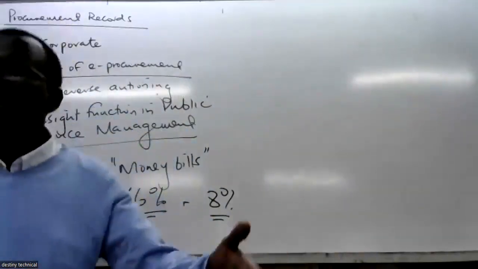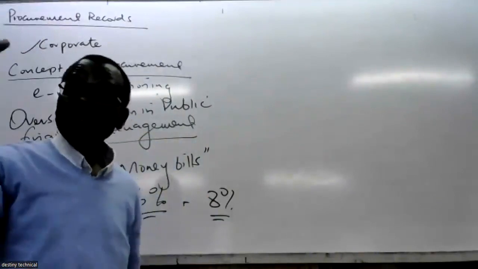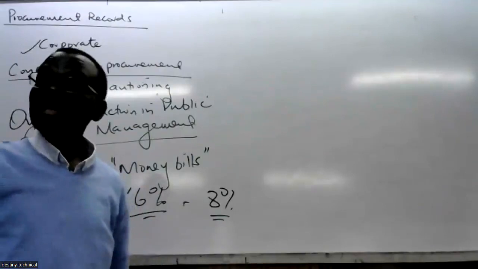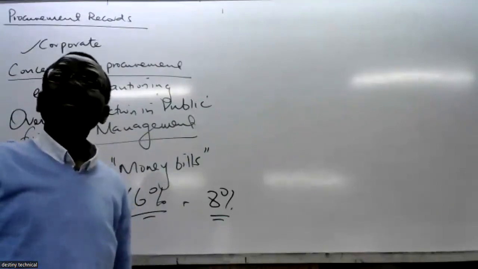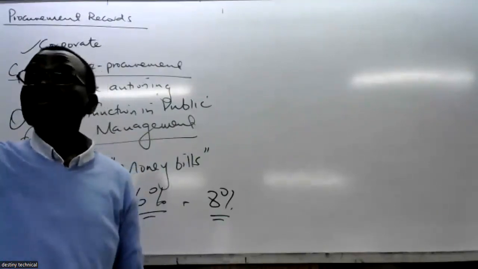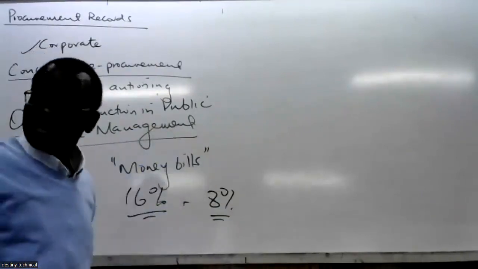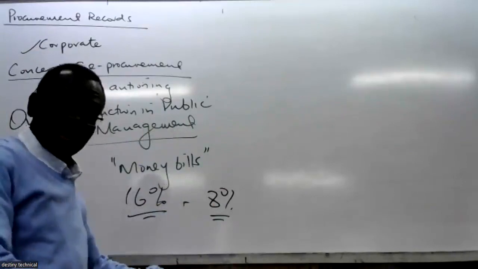So the biggest beneficiary per liter of fuel is the government. It's not oil marketers. Out of 1 liter, government ina collect like 62 shillings. Kama sasa vile fuel imepanda, it's almost 65. Hiyo lita moja unaona.